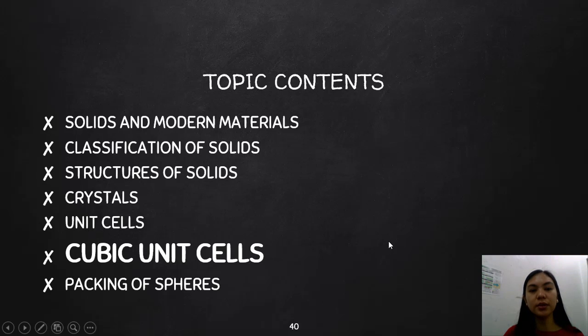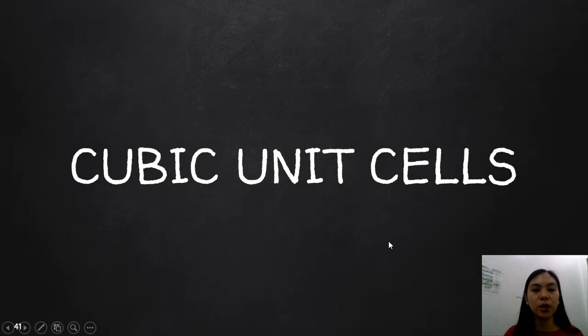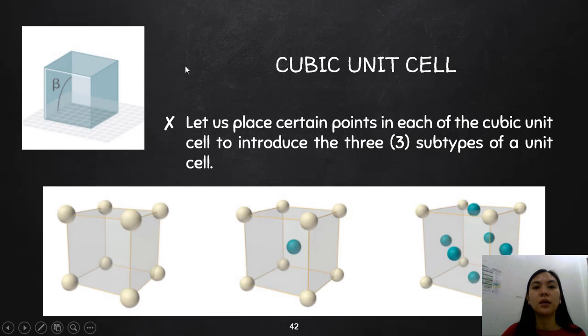So let's introduce now your cubic unit cells. So imagine that this is your cubic unit cell and we place certain points in each of the 3 unit cells to introduce the 3 subtypes of the unit cell. So you have here the first one.